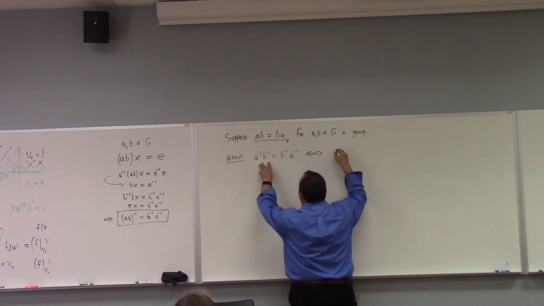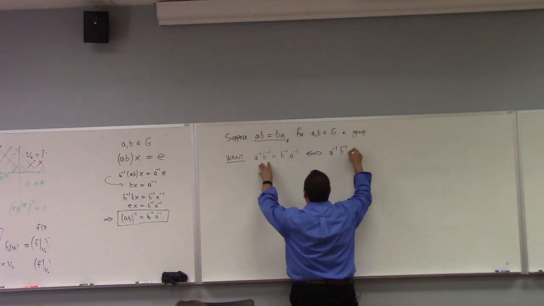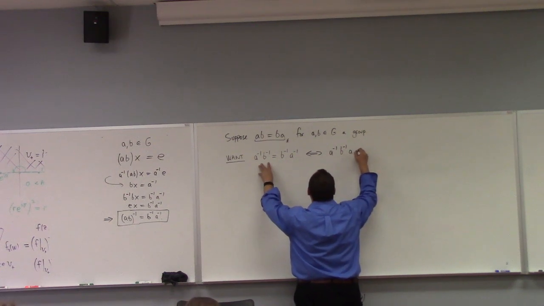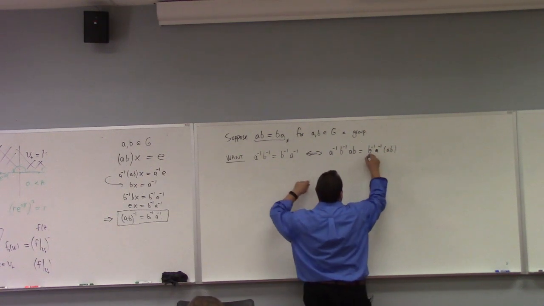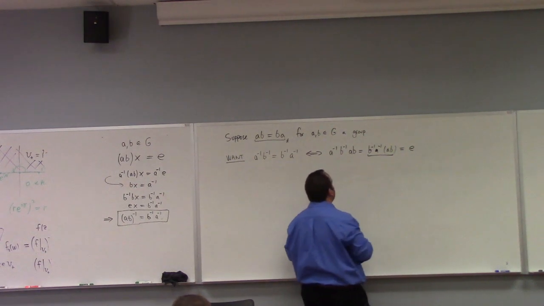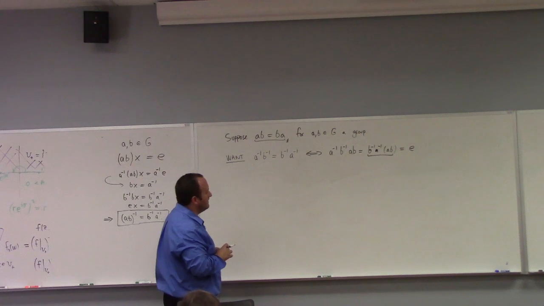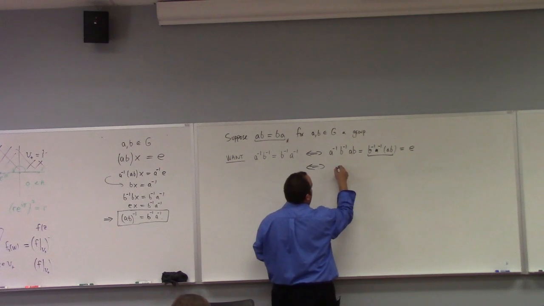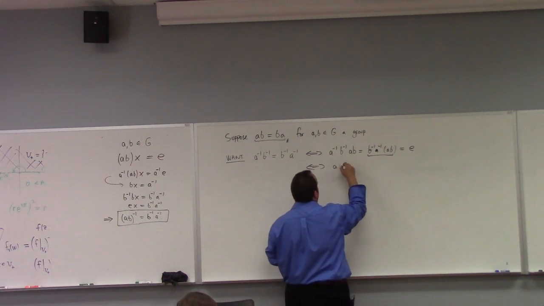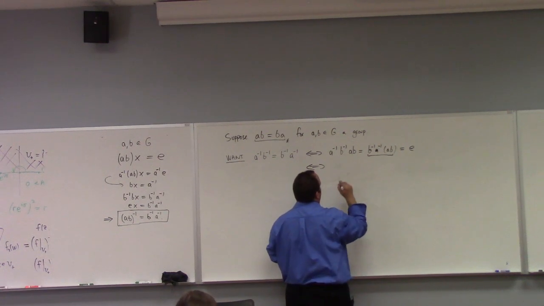let's see here. A inverse, B inverse, A, B equals B inverse A inverse AB. Of course, we just proved that this is the identity, right? So that's true if and only if, well, maybe if I multiply this by BA, it'll work, right?